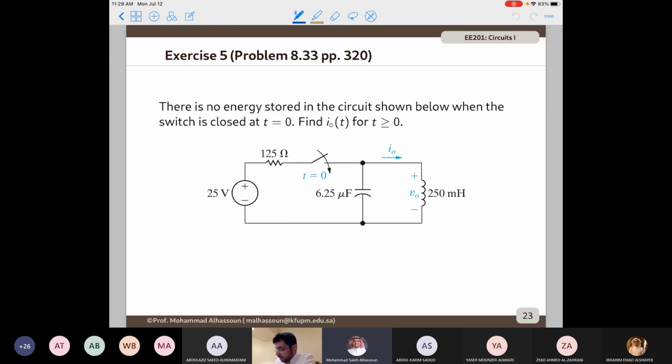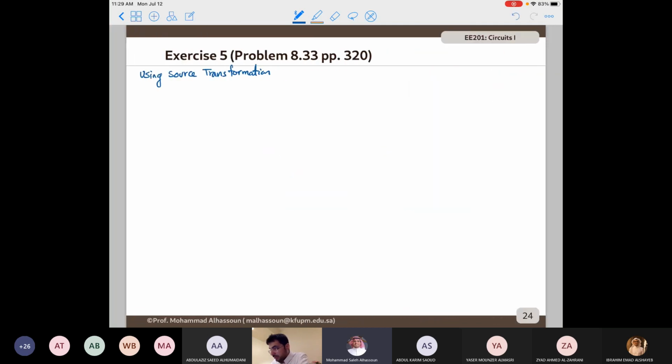If you use source transformation, you divide 25 by 125, which is 0.2. Then we have the switch, which is going to close at t equals 0. Then we have the capacitor and the inductor. So when the switch is closed, we have a parallel RLC circuit.